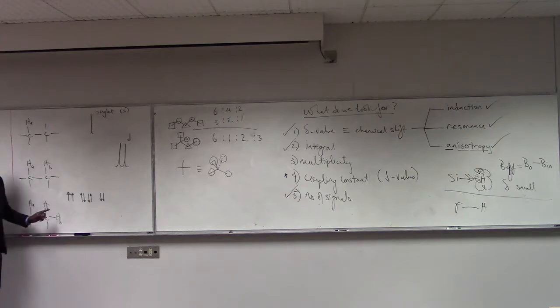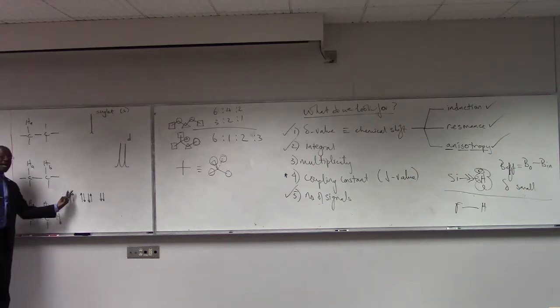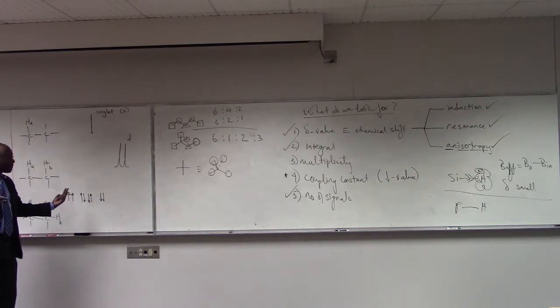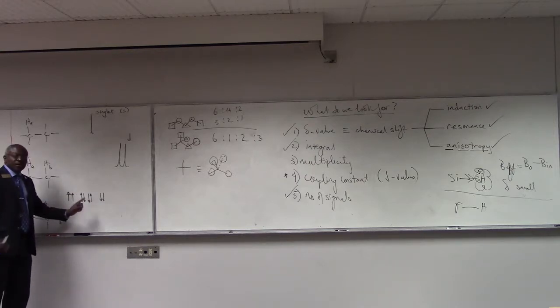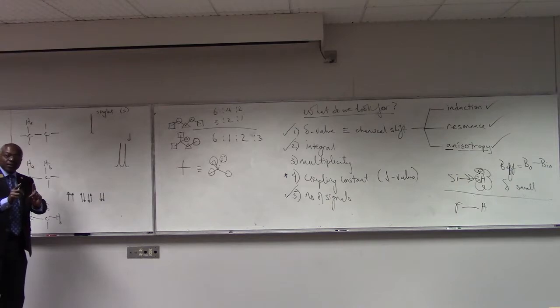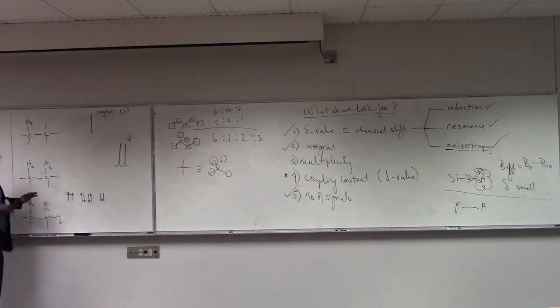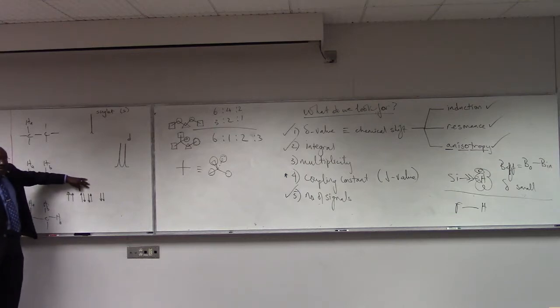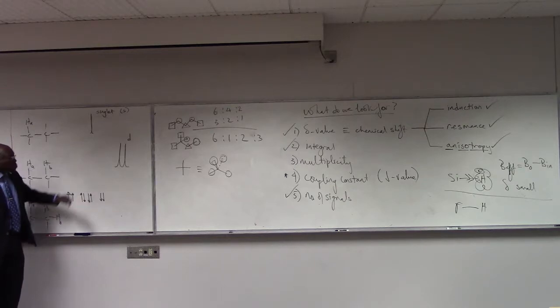Right? Because I've got two HBs. So what are my options? They're both aligned with the field, which means they're both reinforcing the field. So when I try to get my B effective, that's the applied field plus these two things. One is up, one is down. They cancel. So what this H feels is essentially the applied field. But there are two possibilities. Up, down, and down, up. But they add to the same thing.